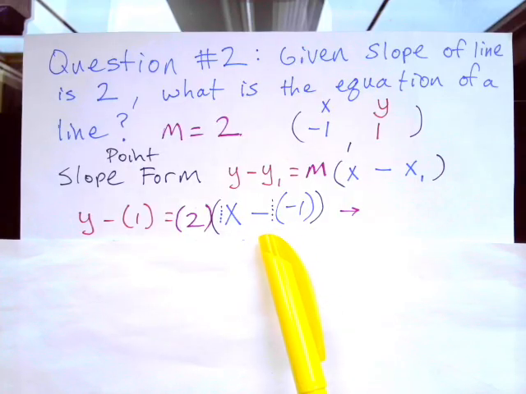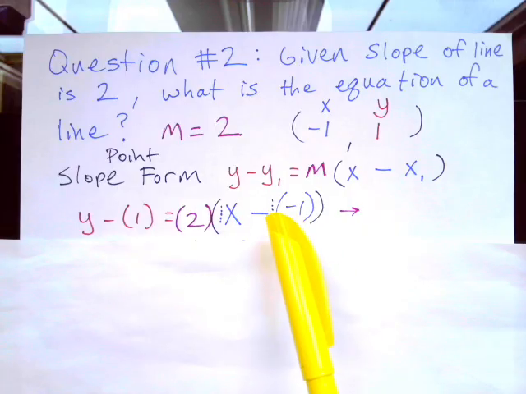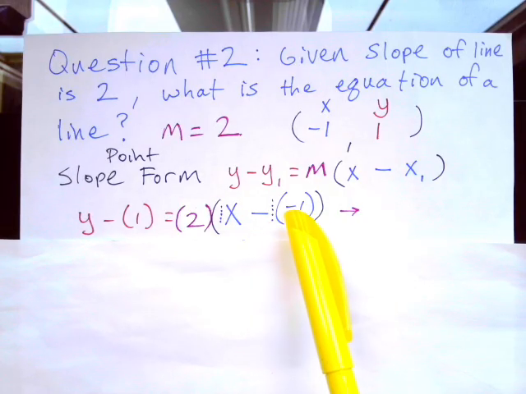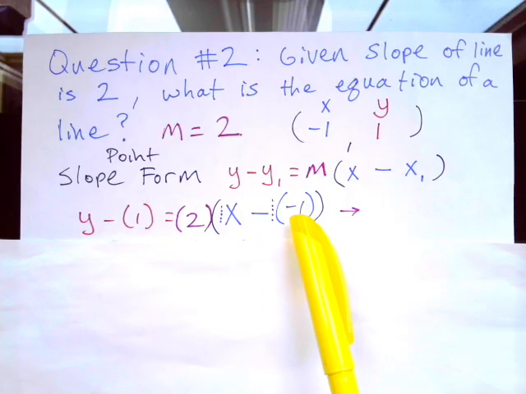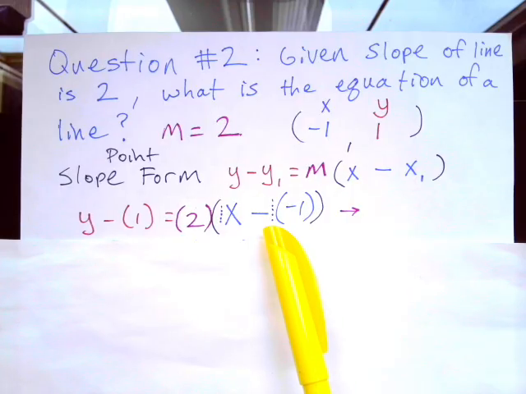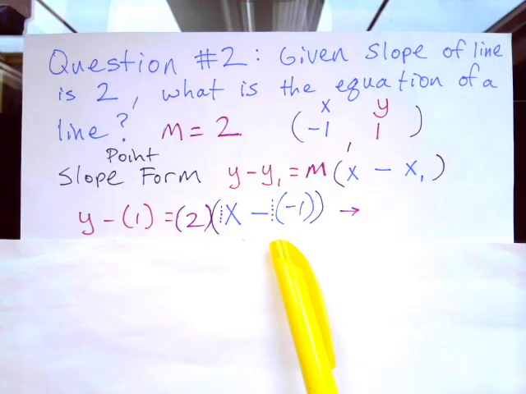And if you're familiar with distribution property, we're going to distribute that negative invisible 1 times the -1 inside these parentheses here. If you're not familiar with invisible ones, please check out my invisible 1 video. It clarifies a lot of things that confuse math students. It will really open your eyes and it will make math so much easier for you.